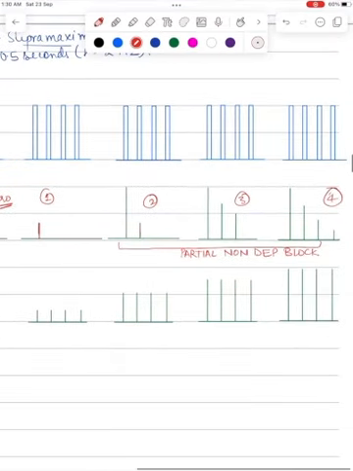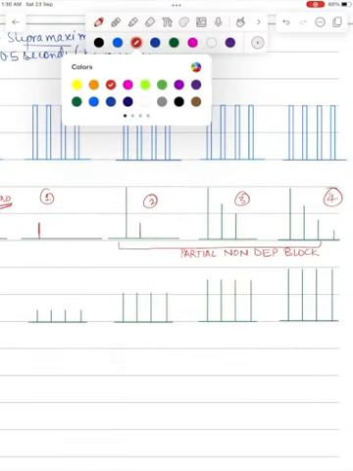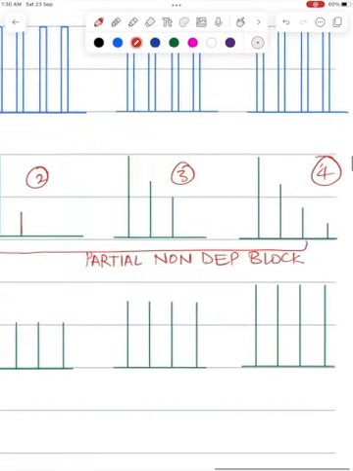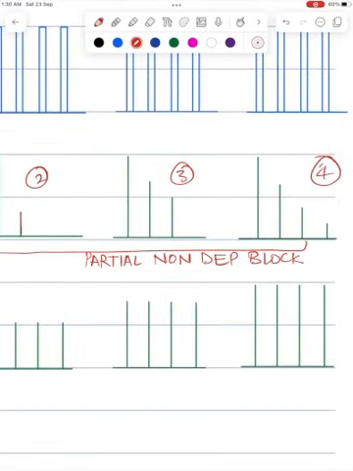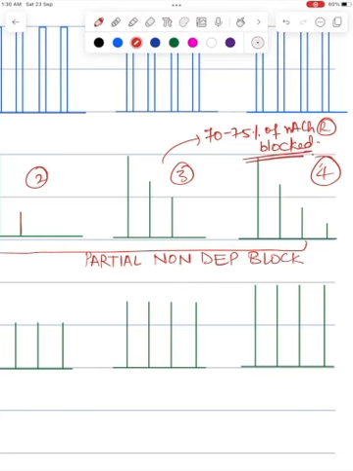So when the fourth twitch actually disappears, then we say that almost 70 to 75% of nicotinic acetylcholine receptors have been blocked by the non-depolarizing muscle relaxant.